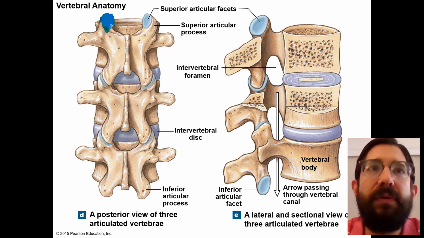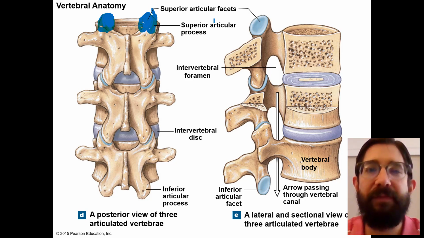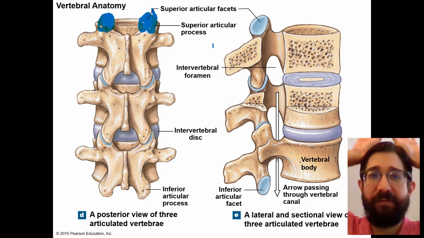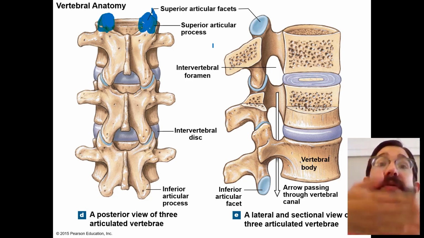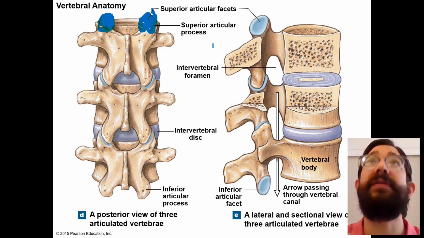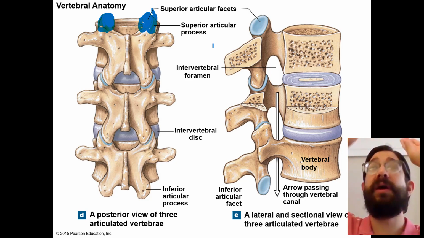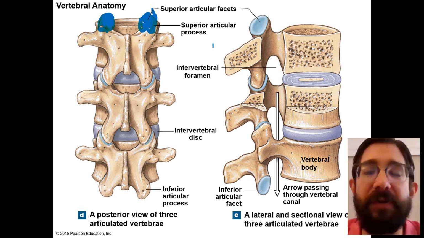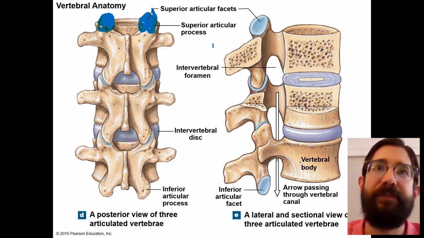Well, the whole chunk of bone that sticks up above the vertebra is called a superior articular process. It means the above chunk of bone that will articulate with something. And articulation is just a joint. So the superior articular process is where the vertebra is reaching up and trying to join up with the other vertebra that's stacked above.